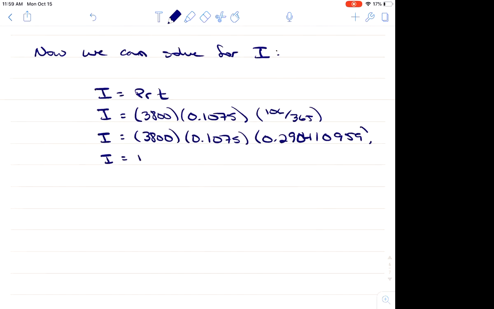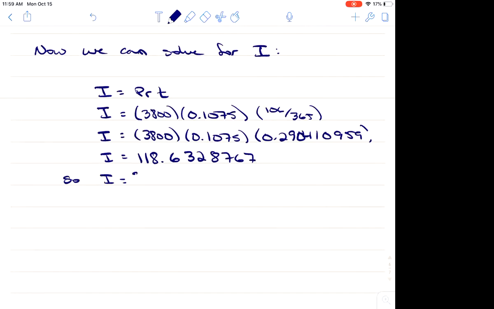I must be 118.6328767. I, remember, is the amount of interest, so it has to be a dollar amount. So only 2 decimal places, 118.63.